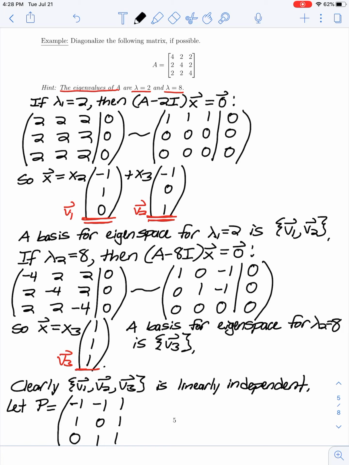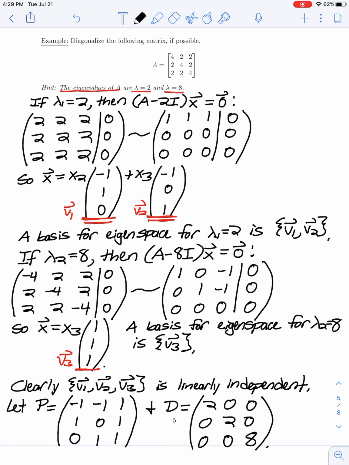Or again, because x2 and x3 were free variables in this example, any non-zero scalar multiple of these column vectors would also work. And then D is the diagonal matrix whose entries are the eigenvalues. So here 2, 2, and 8 with zeros elsewhere.